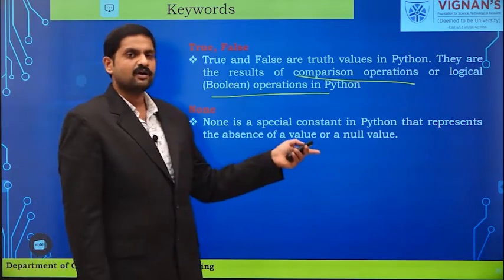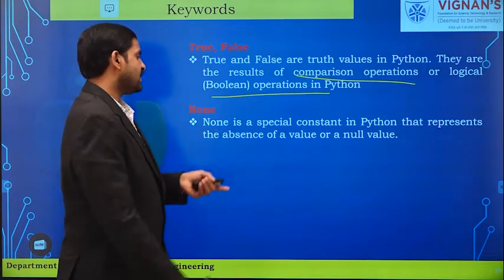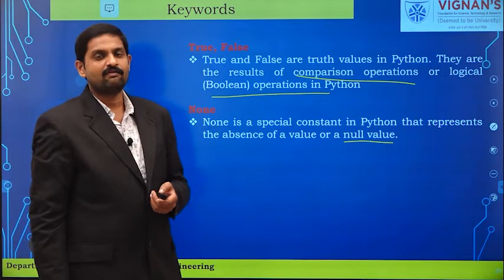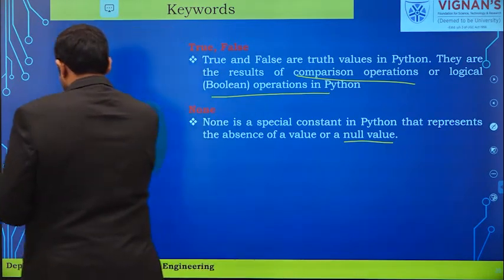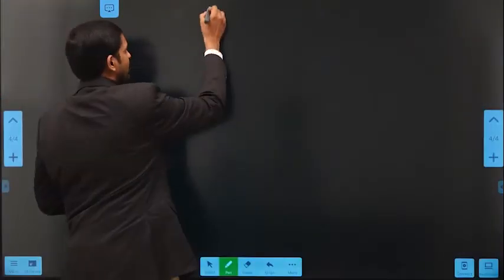Next, None is the second keyword in Python. It is a special constant in Python that represents a null value. Let's see an example code for None.